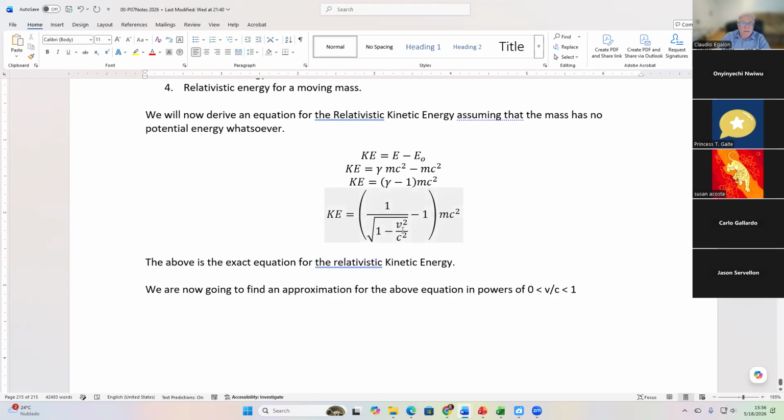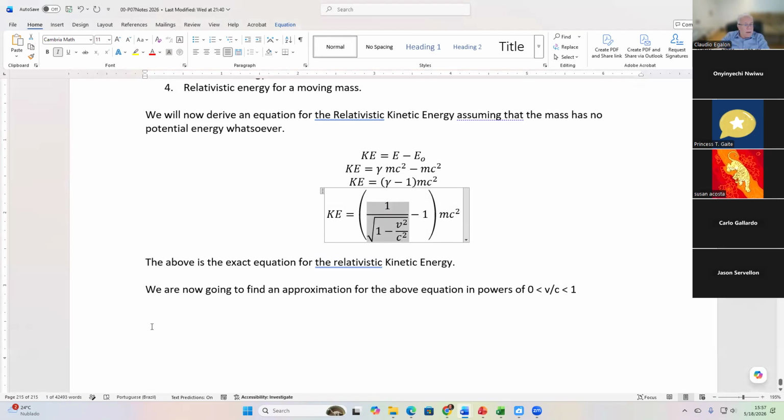So consequently, this term here is like an x such that x is less than 1. And because of that, we can expand this term that you see right in here in terms of powers of v over c. It's possible to do that.